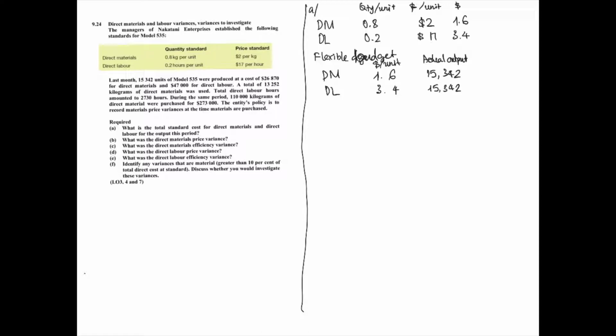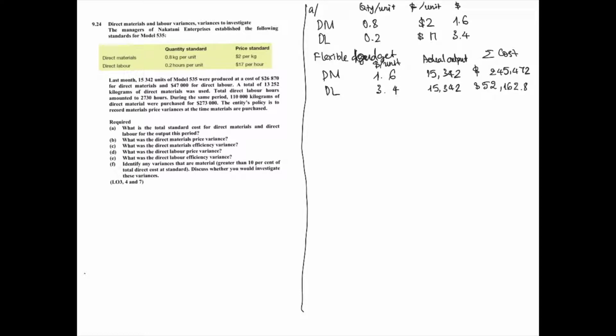Okay, so we'll have 245,472, and same thing, 3.4 times 15,342, 52,162.8.